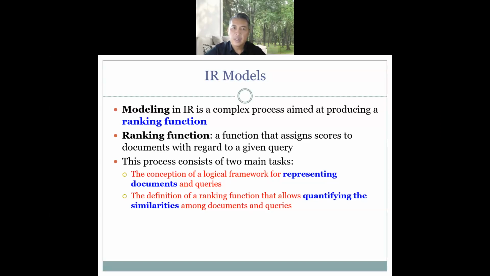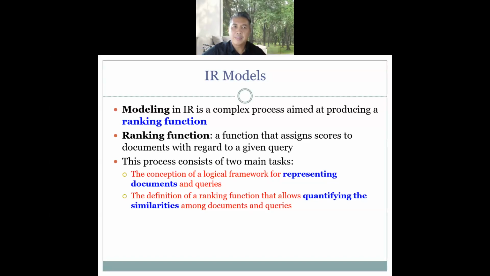The ranking function is a function that assigns some score to the document with regard to a given query. So given a query, the system should be able to rank the documents based on their degree of relevancy to the query.